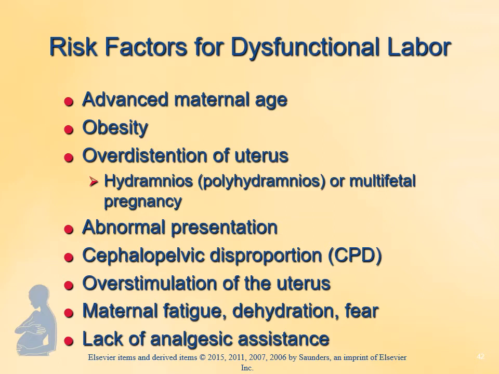We can have what's called cephalopelvic disproportion, where that baby's head is just too large to fit through the pelvis of the mom. We can have overstimulation of the uterus, where we're causing too many contractions and that uterus just gets tired out and doesn't want to work. We could have maternal fatigue, dehydration and fear, or we could have a lack of analgesic assistance and the mother's just not able to relax, and therefore her dilation and effacement come to a halt.